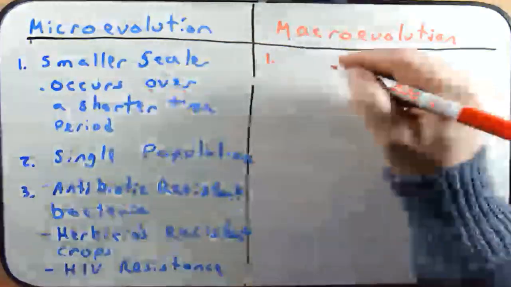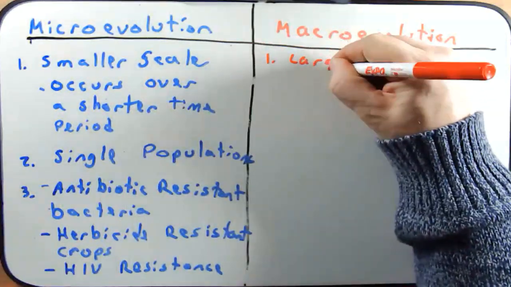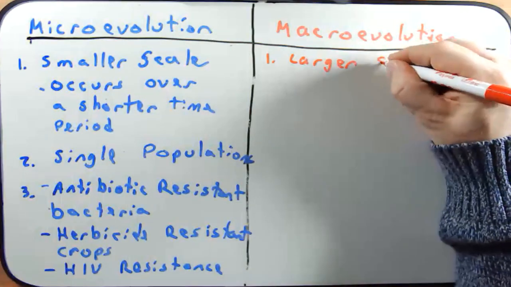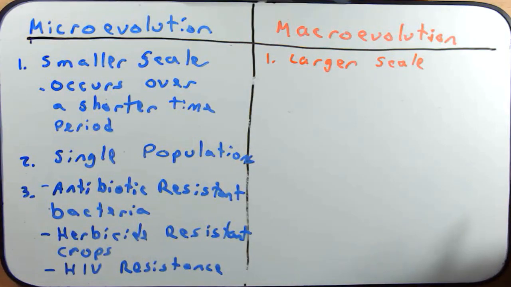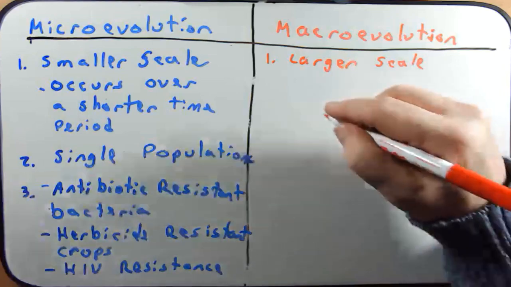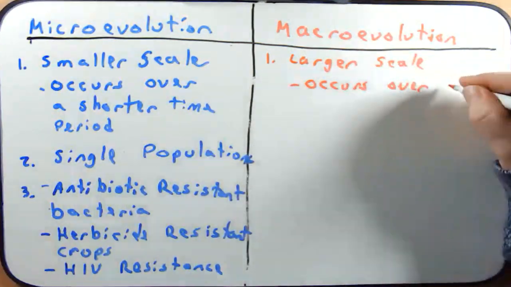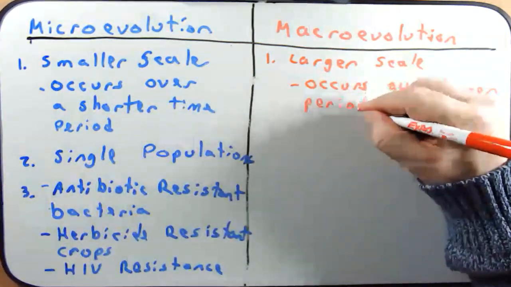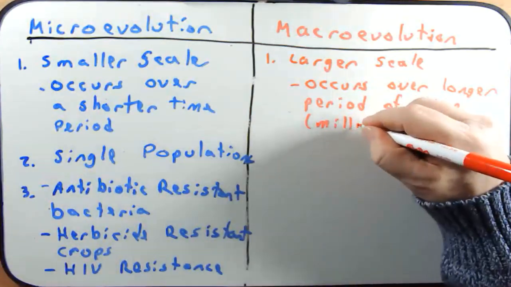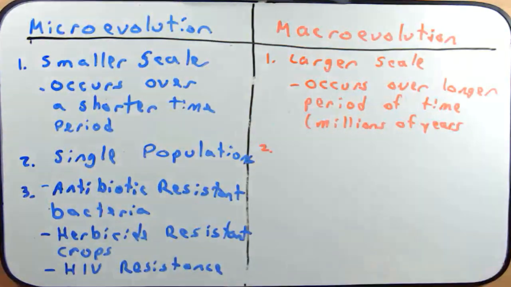Macroevolution, as you might guess, is on a larger scale. It occurs over a longer period of time, maybe even millions of years. We would say that it transcends a single population of a single species.